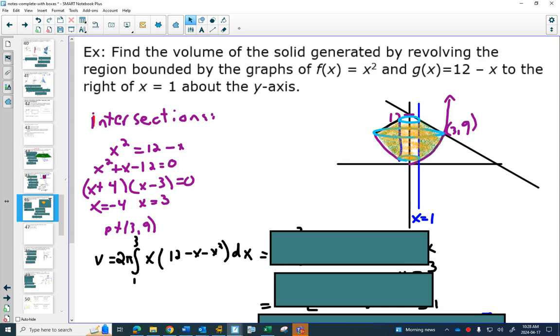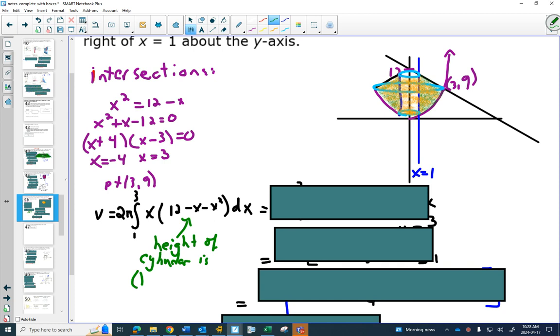So the height of my cylinder, the top one, which is 12 minus x, minus... sometimes just adding brackets makes you realize what we did.